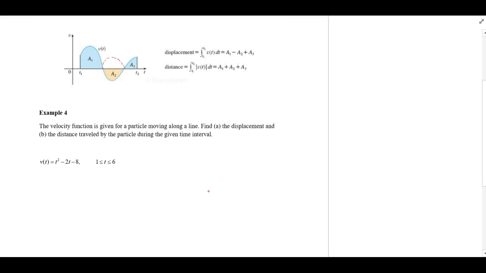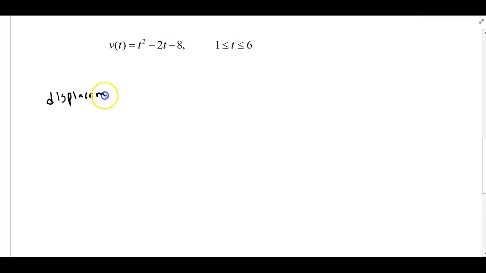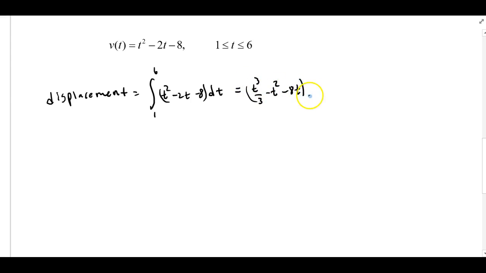All right, now let's see how this works. In this question I'm given the velocity function, and I'm given the interval on which I want to find the displacement and the total distance. For displacement, let's integrate the function. Finding the antiderivative, we get t cubed over 3 minus t squared minus 8t, and then we evaluate that from 1 to 6.